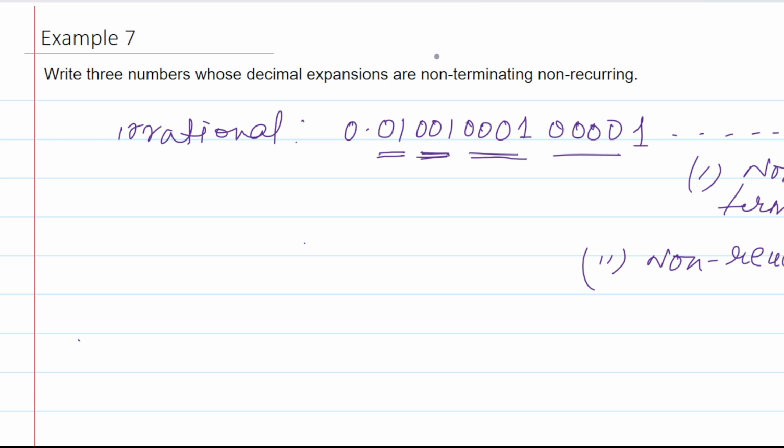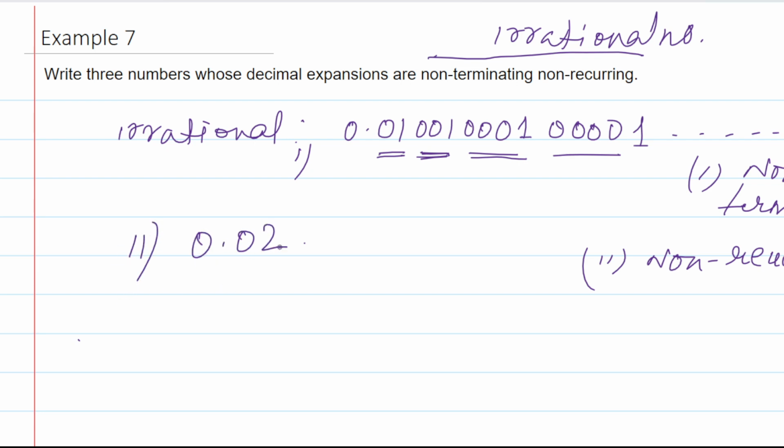So write three numbers whose decimal expansions are non-terminating and non-recurring. That means we have to write three irrational numbers. The first one is this one, this is my irrational number. The second one will be similar: 0.2 0 0 0 2 0 0 0 0 2 and so on.